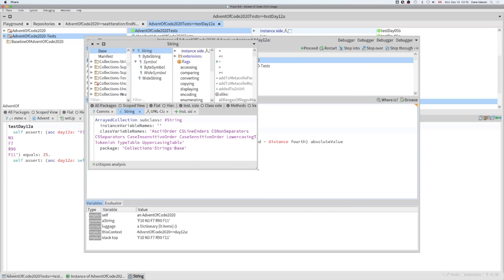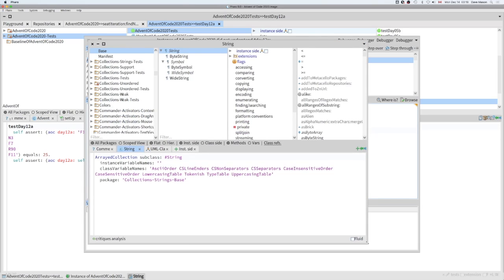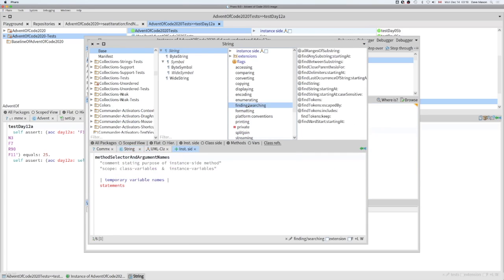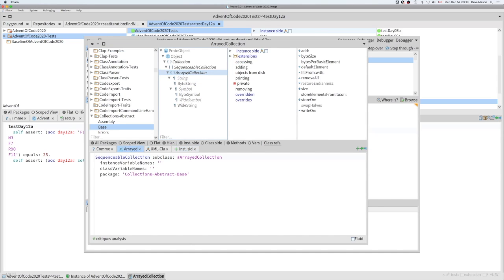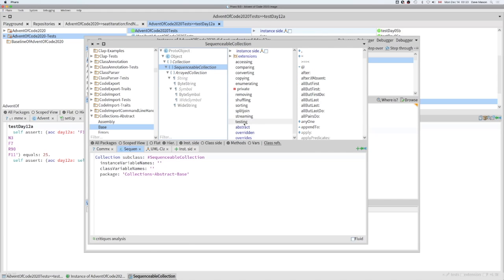So we want to, let's try finding, searching. Let's see what this gives us. None of these look quite what we want. Let's look at the hierarchy. Array collection isn't going to have anything useful. Sequential collection probably will. But I don't see any searching.